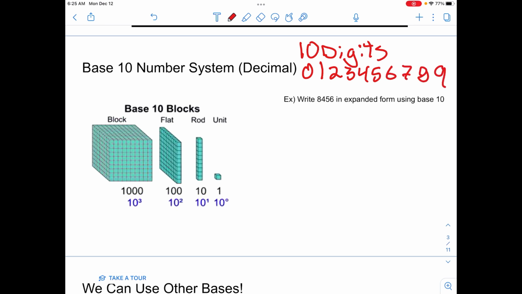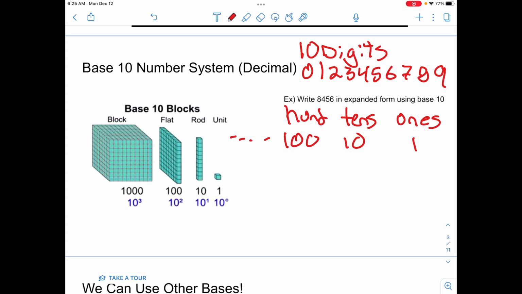We can make every number just using those 10 digits. And you probably know that we have place value to help with that. So we have our ones, our tens, our hundreds, thousands, and so on. Right, 10,000, 100,000, millions, and so on.